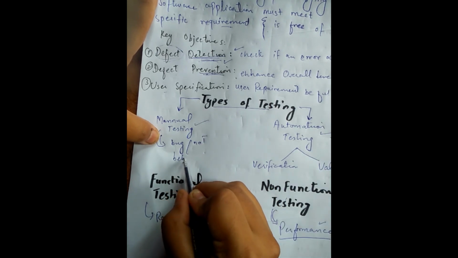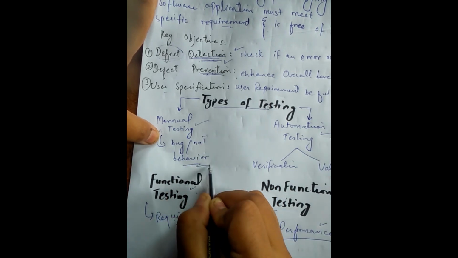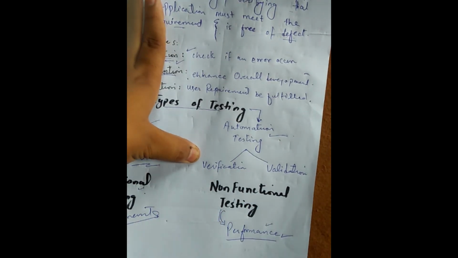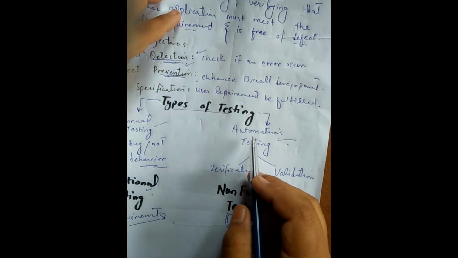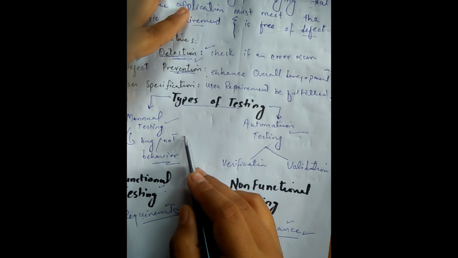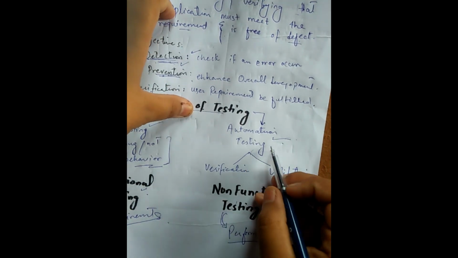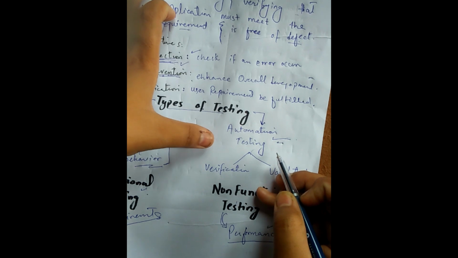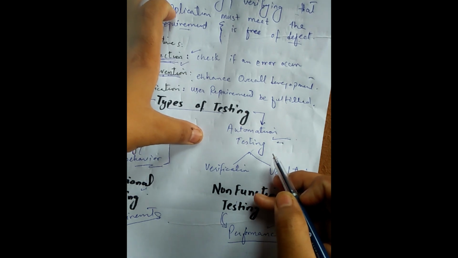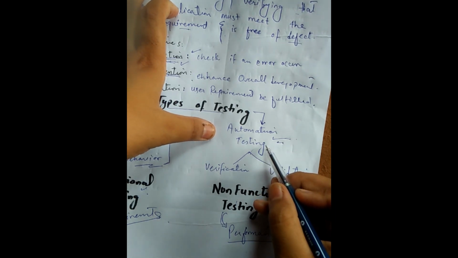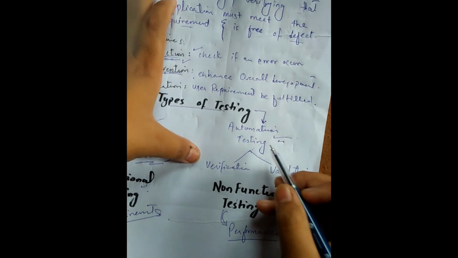We check its behavior, whether it is running efficiently or not. In automation testing, we rerun the procedure that we do in manual testing. We check whether it is debugged and has no bug in it. We rerun its test scenarios, whether it runs quickly or repeatedly.